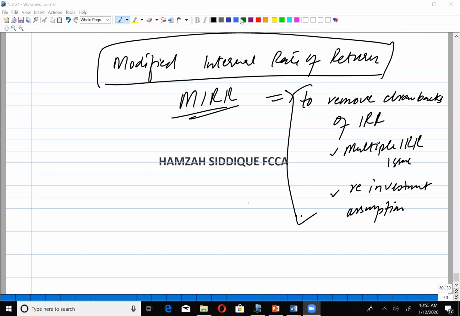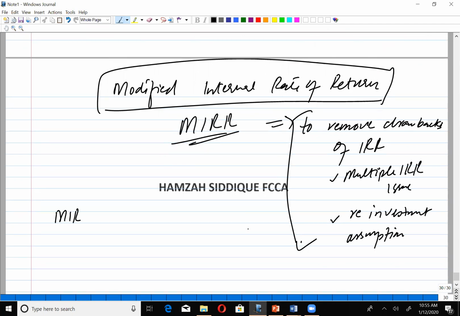So MIRR, modified internal rate of return. It has two formulas which are relevant to us. The first formula is here.